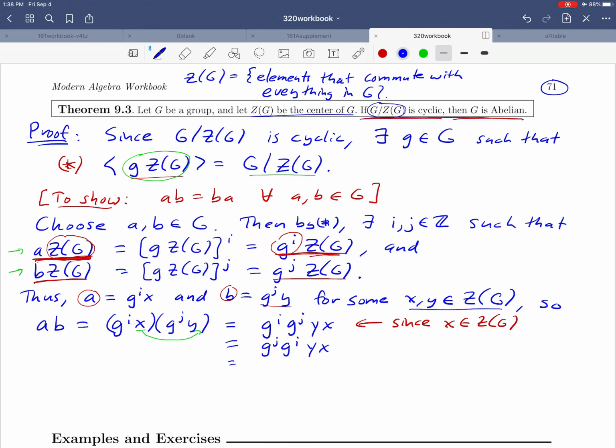And then I claim that this is equal to g to the j y times g to the i x. Where does that come from? Well, what we did there was we took this y and we just moved it over here. How can we get away with just moving that y around? Well, that again comes back to the fact that y is also an element of the center of G. So we can take y and switch its order with anything that we want to.